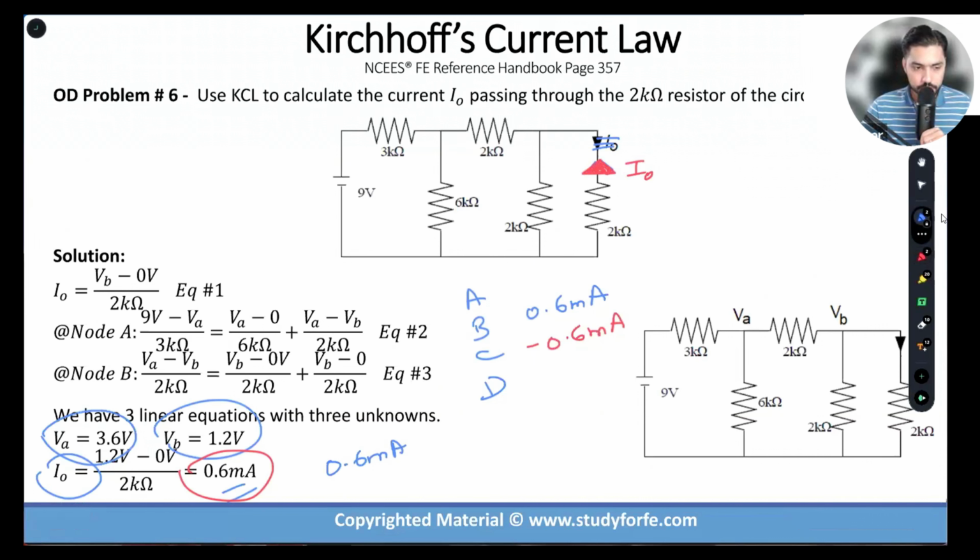Okay, are you guys with me? All right. Now, what ends up happening over here is that you actually have to look at the circuit, correct? Now, if I naught pointing upwards resulted in 0.6 milliamps, then this is the correct answer.